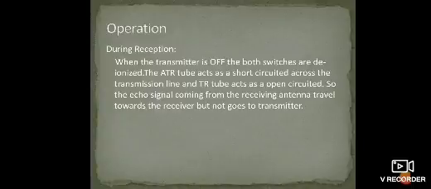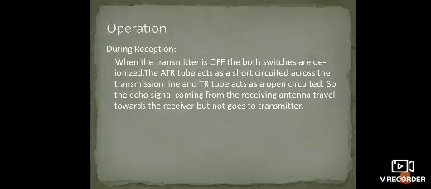That means if the TR is ionized, it is in the on condition, and the ATR tube is in the off condition. If the ATR tube is in the on condition, the TR is in the off condition. Like this, the opposite is done within the TR and ATR tubes.